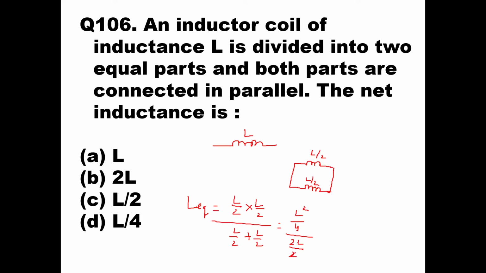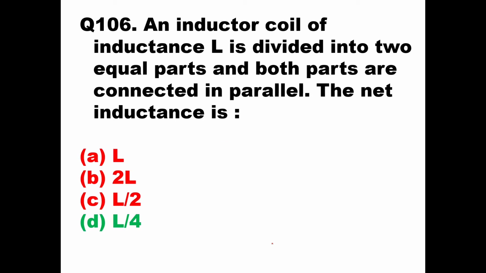Here the 2 cancels. Then what remains is L square upon 4 upon L. So this L goes, the square goes, and it comes as L by 4. So L by 4 is the equivalent inductance for L by 2 inductors connected in parallel. Okay, so option D will be the answer, L by 4.